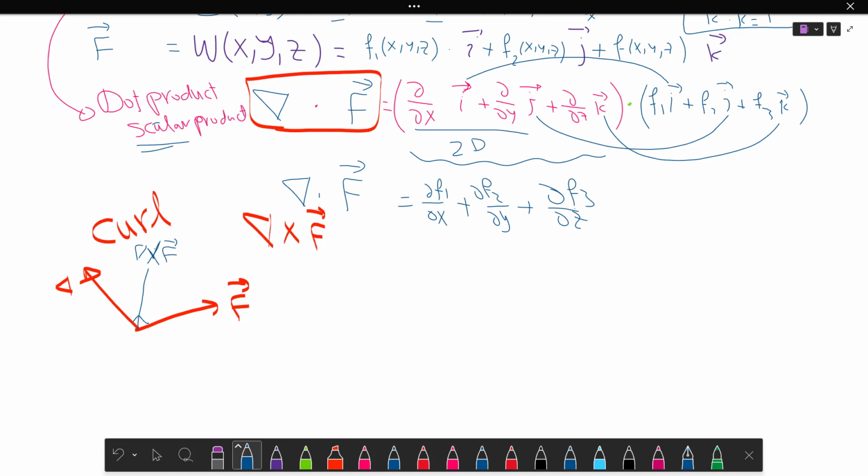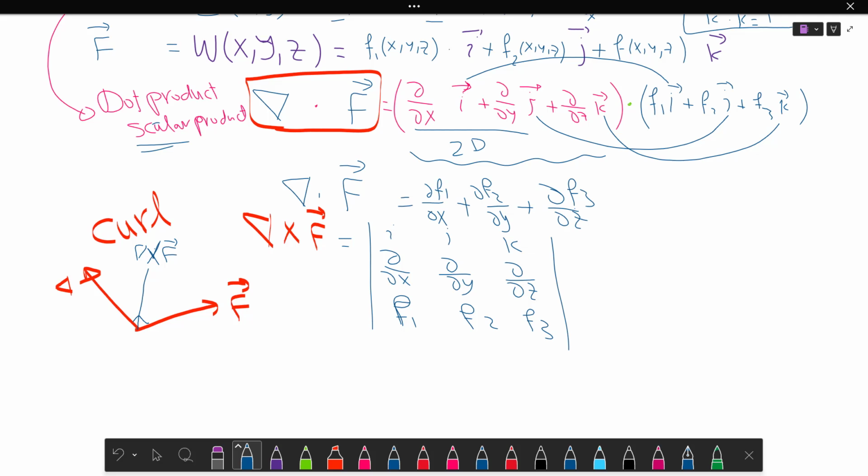So this is exactly i, j, k, and the components of nabla go here, and you put the components of your function here. Find the determinant of this, and you find the curl of f, right? If you haven't heard about it, just leave it for now, okay?